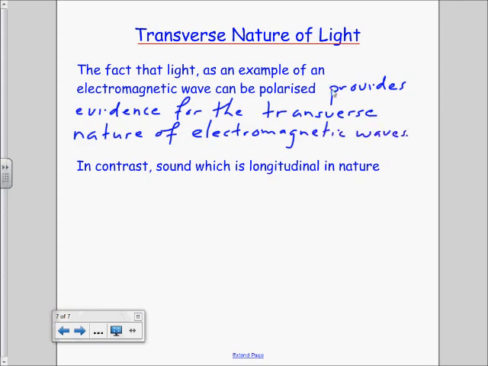Whereas in contrast, sound, which is longitudinal in nature, cannot be polarized. You cannot polarize a longitudinal wave.